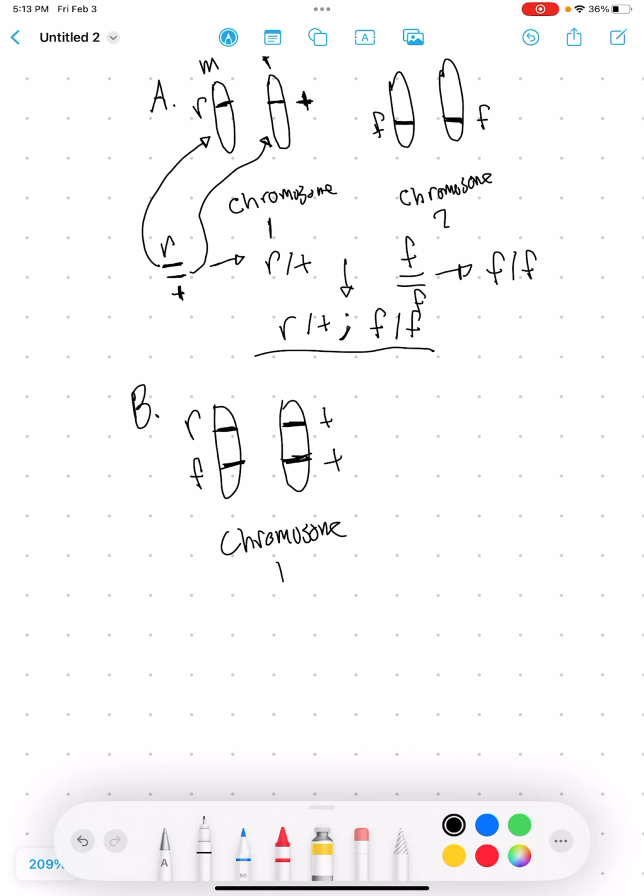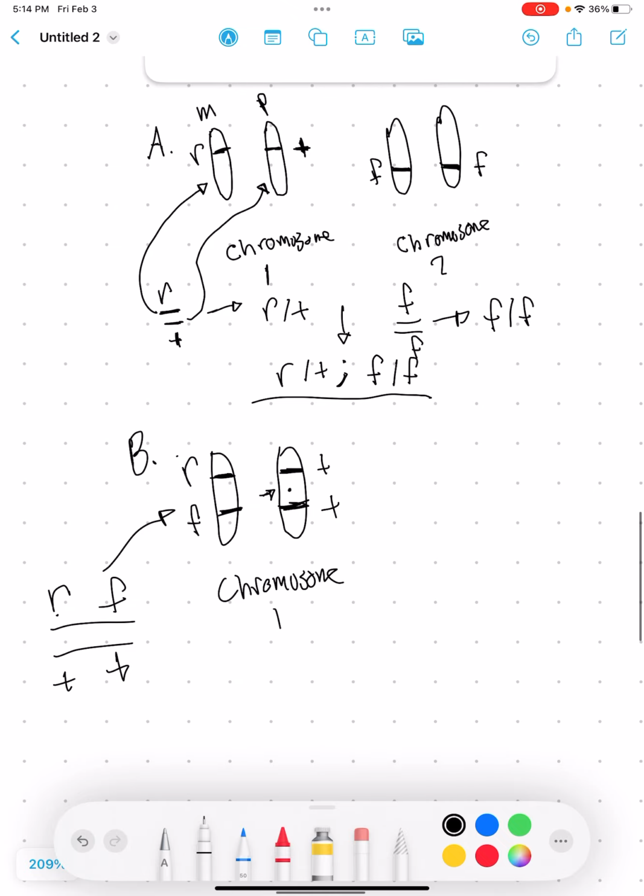Now if we were going to write this down, we would just read the chromosome. So on this chromosome, we have an R, and then we have an F. On this chromosome, right here, we have a plus and a plus. Now this would be the correct way to write it down, but the question is not asking for it to be written in this format.